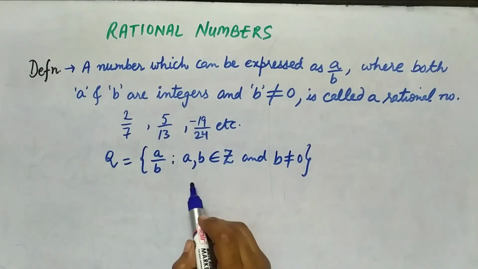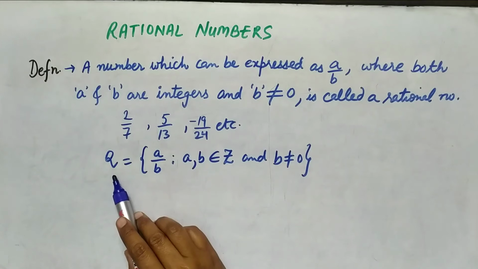This is the definition, the collection form, set builder form of rational numbers.